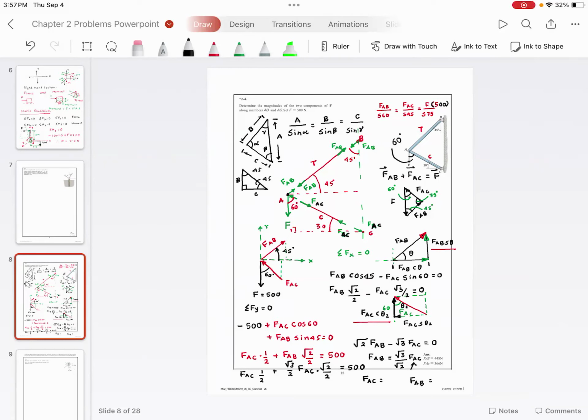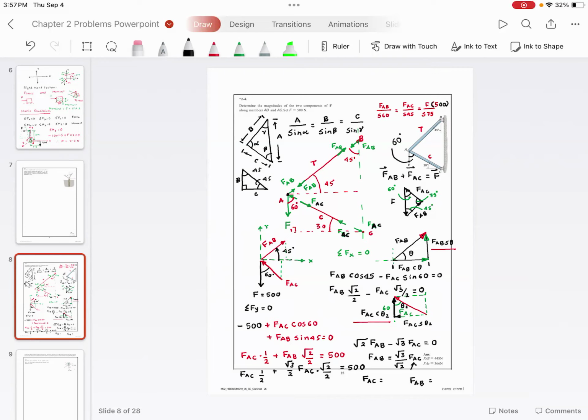Because law of sines is based on the trigonometric fact that the length of the side is proportional to the sine of the angle opposite. As long as it's not a triangle, if you have a lot more forces, you basically slice them into triangles. We'll talk about it later, but I want you to understand these concepts.